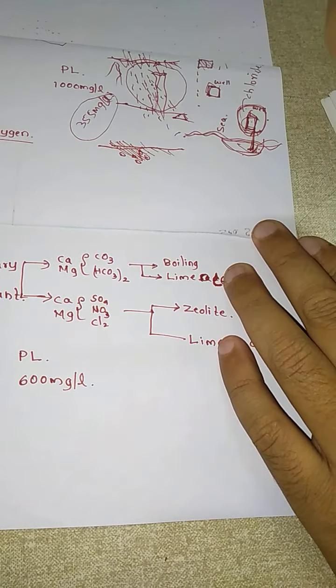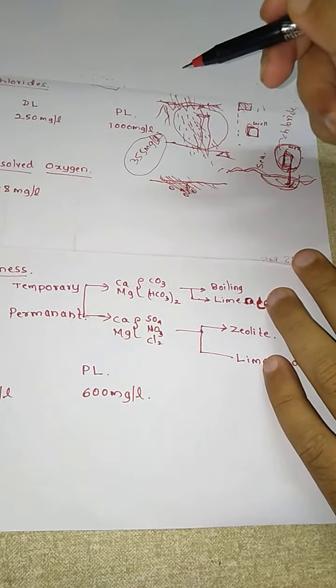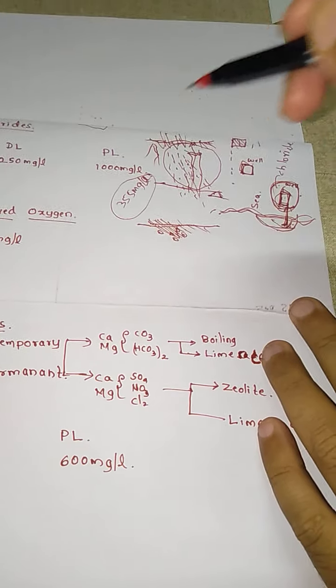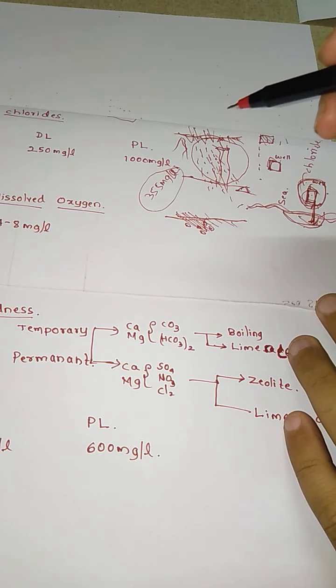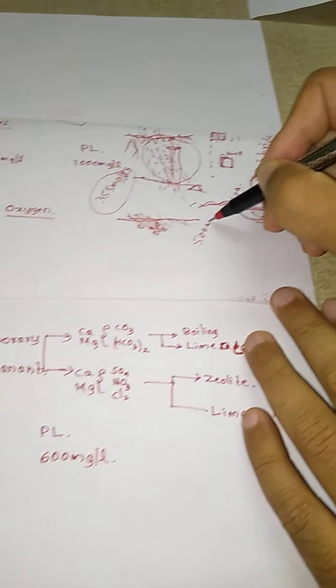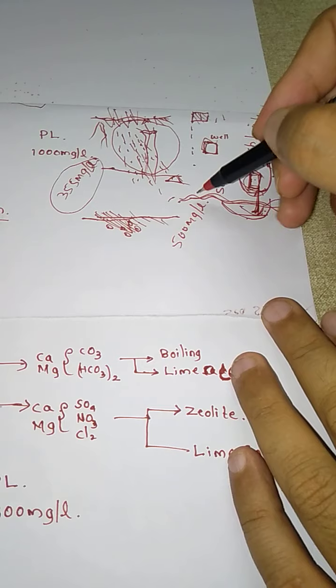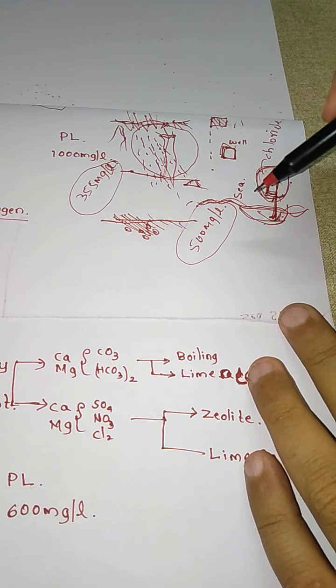Now, if chloride content water is used in concrete making, and if a larger amount, say around 500 mg per liter of chloride, is there in that water, it may lead to corrosion of the reinforcement.